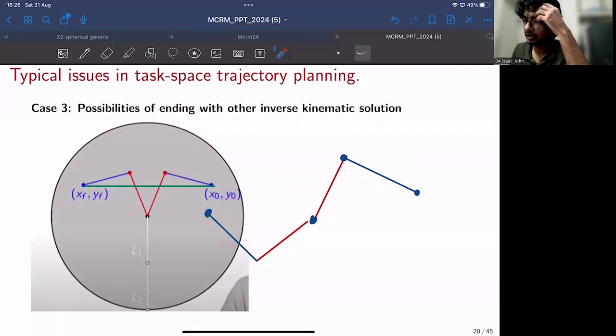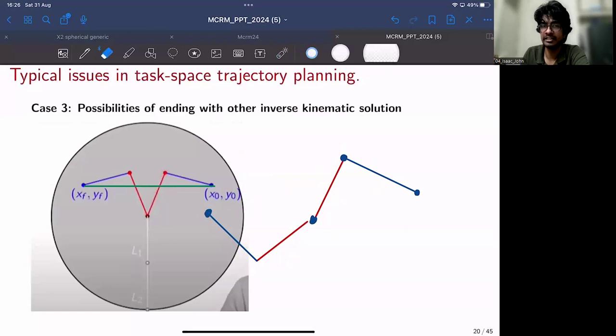right? So it may not be desirable a lot of times because you always assemble your manipulator in one particular configuration to have some advantages, maybe to avoid some obstacles or something like that.